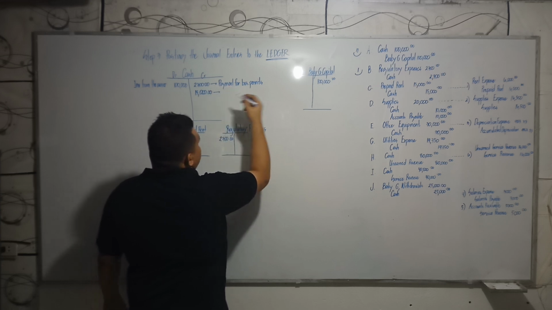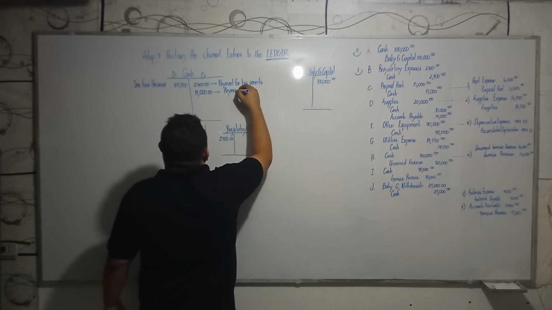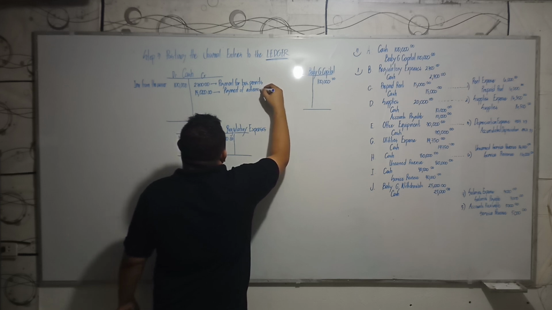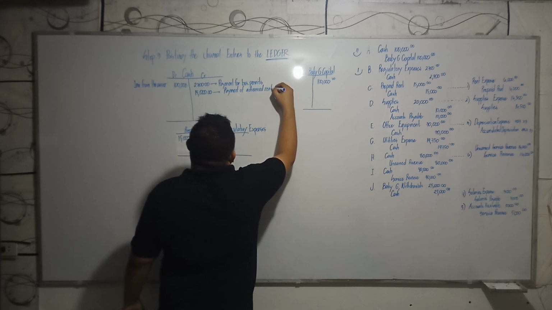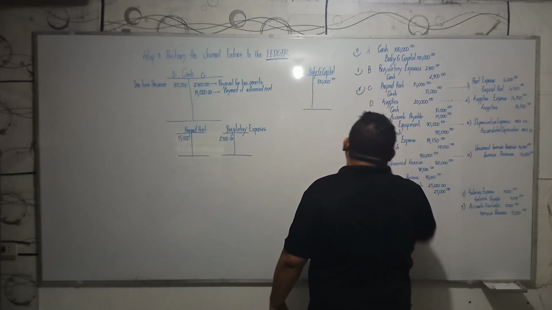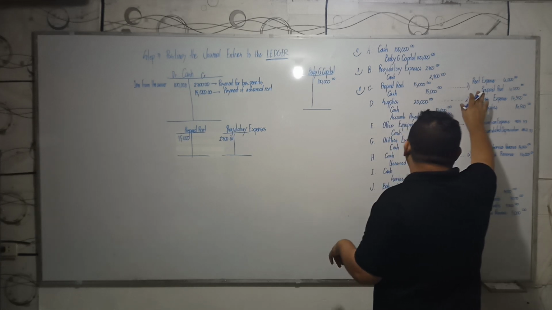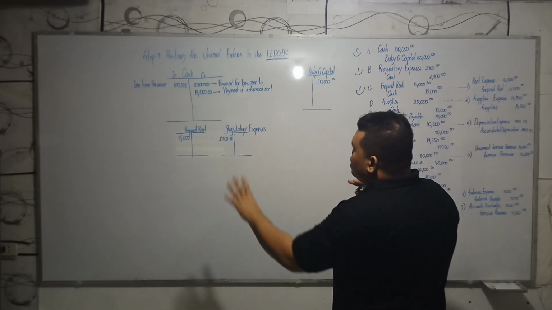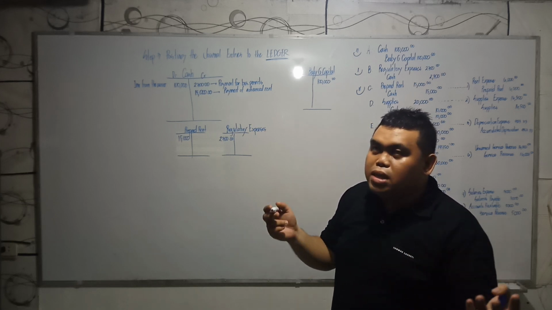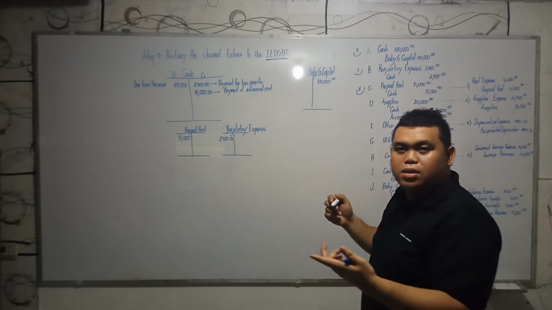And then you have to make an explanation, payment of advanced rent. That's it for letter C. But then again, it has an adjustment. We have to ignore that first because here on step 3, our focus is to get the unadjusted balances. So that's the balances before the adjusting journal entries. Okay? I will repeat that always.